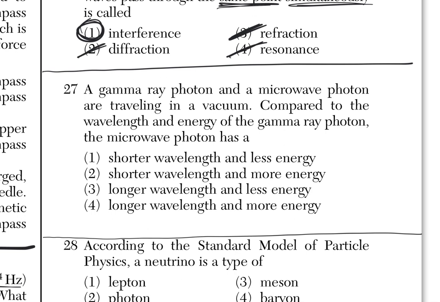We've got two photons, gamma rays and microwaves. And they're in a vacuum, that's like space. Compared to the wavelength and energy of the gamma ray photon, what is true of the microwave photon? So, referring to the electromagnetic spectrum, which electromagnetic means light.